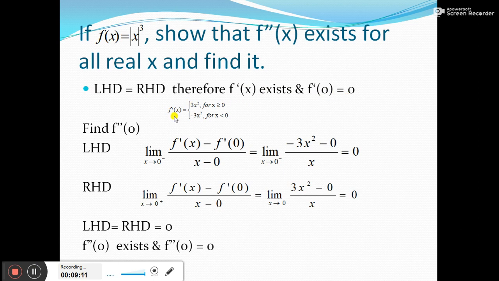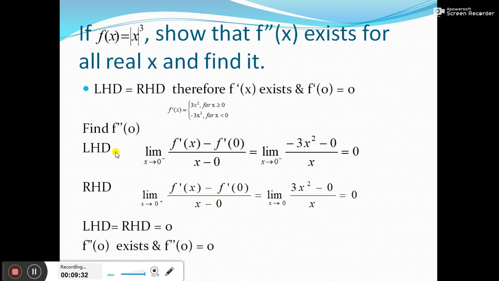And therefore, this f dash x we now define as 3x square when x is greater than or equal to 0 and minus 3x square when x is less than 0. Now to find f double dash x at x is equal to 0.